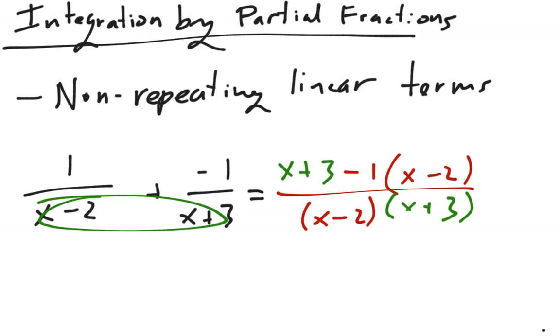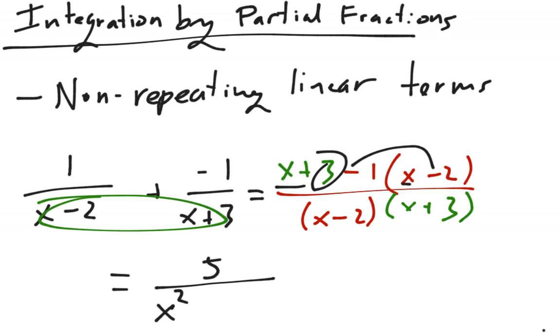Then you can simplify everything. The top simplifies to 5, because the x's cancel and negative minus 2 is plus 2, so 3 plus 2 is 5. And the bottom you can expand out to be x squared plus x minus 6.